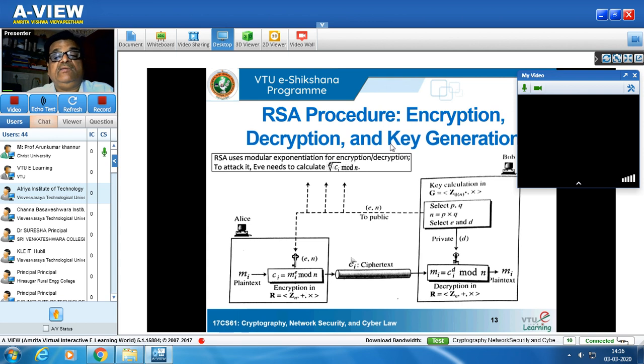Now in the RSA procedure, how do we carry out this activity? RSA uses modular exponentiation for encryption and decryption. To attack it, Eve, the hacker, needs to calculate the root of Ci in the encryption algorithm and mod n.